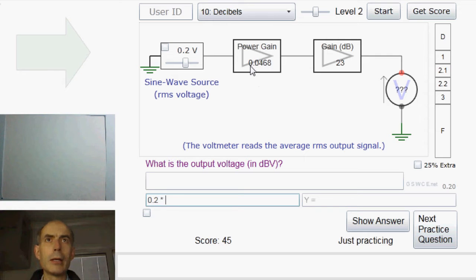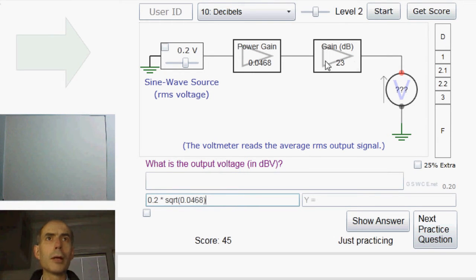Well, if the power gain is 0.0468 and the voltage gain is the square root of the power gain, then that stage in voltage terms would just be 0.0468 square rooted, and SQRT is how you work out the square root in this calculator.